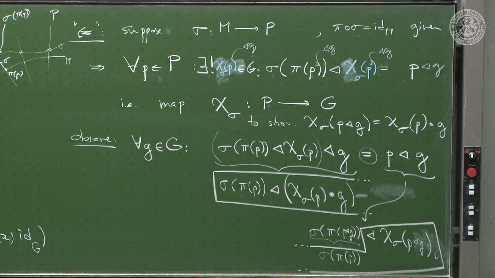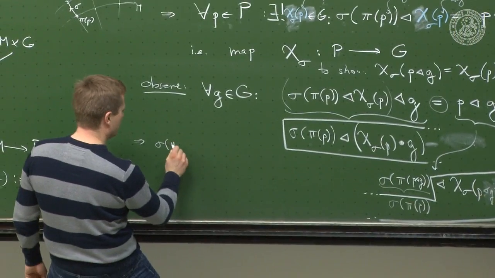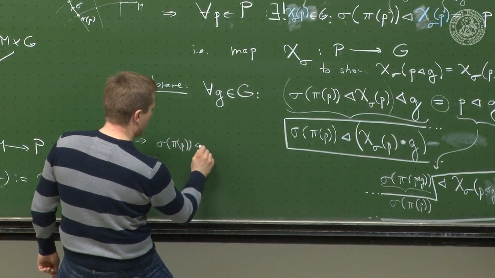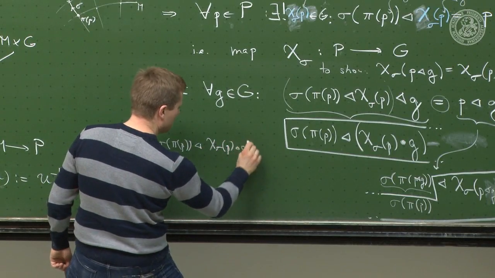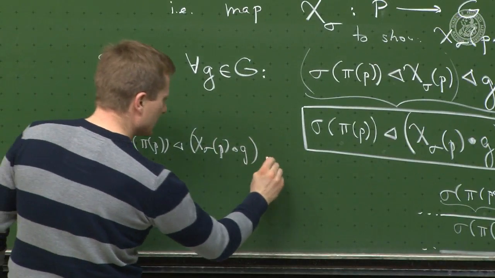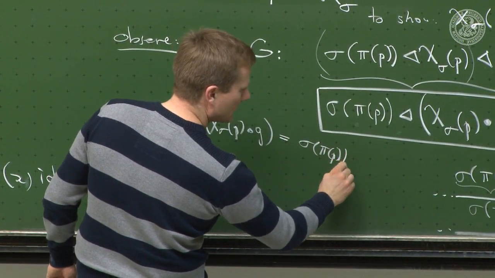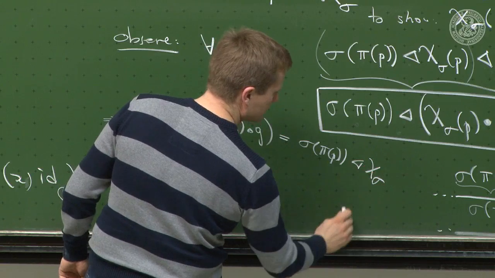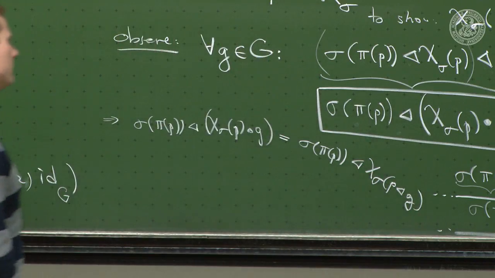Okay, agree? Okay, so let me write it down again. So this means that sigma of pi of P acted upon by chi sigma of P blob G is the same as sigma of pi of P acted upon by chi sigma P acted upon from the right by G.